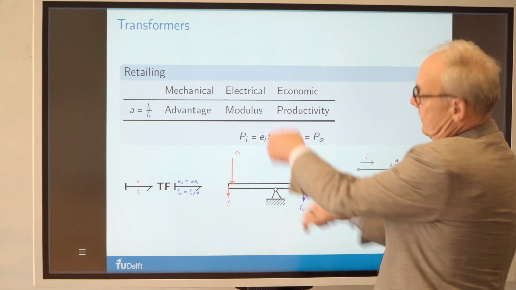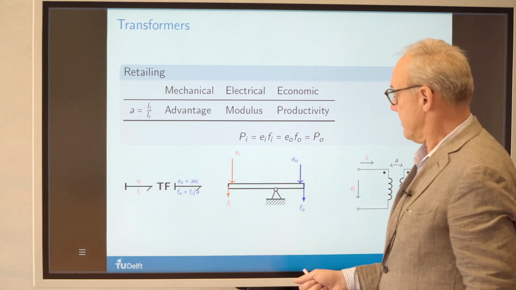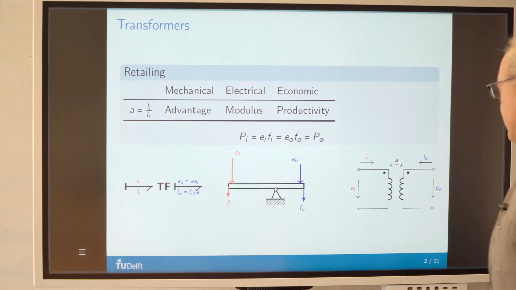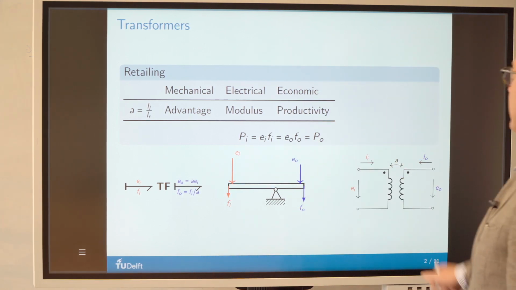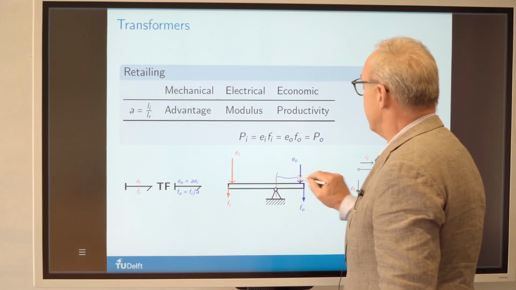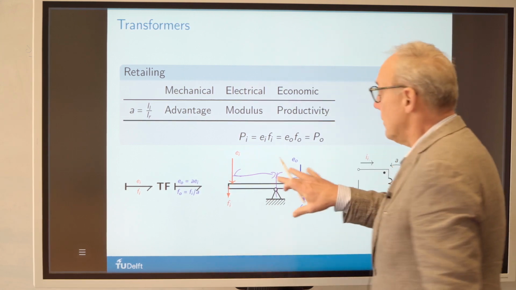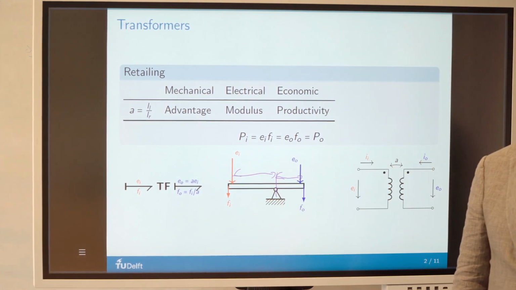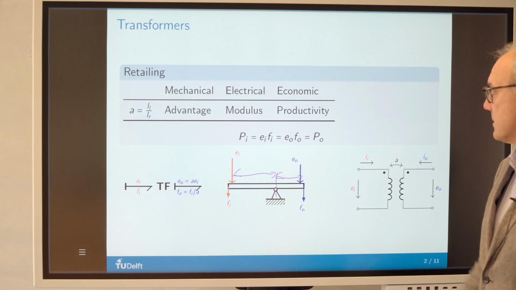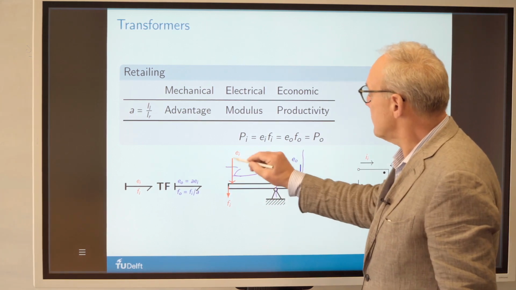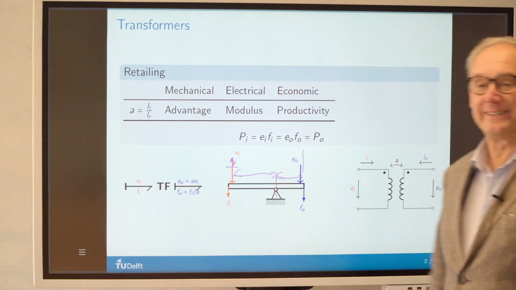If this one goes down, that one goes up. No, also down, sorry. The physicists should know that. But due to the fact that this distance is not the same as this distance, those forces are not going to be equal. So this is drawn totally wrong, because this force should be bigger, and this force should be smaller, right?